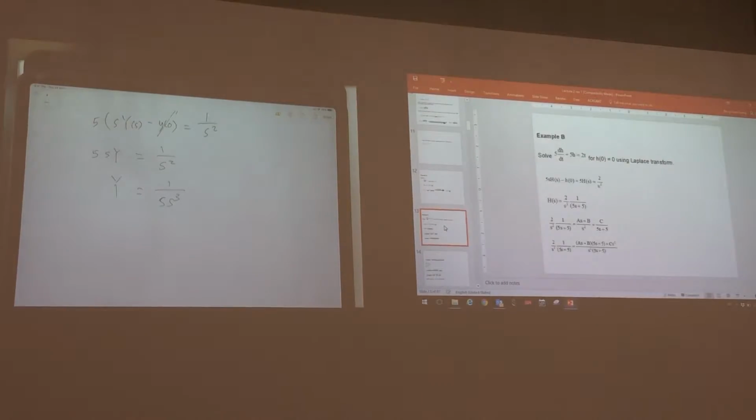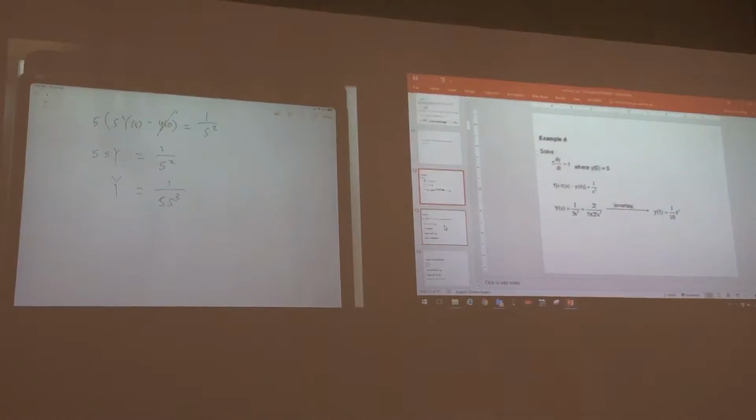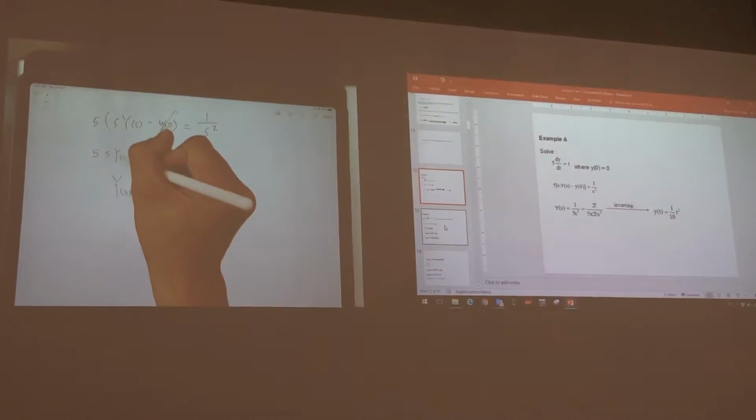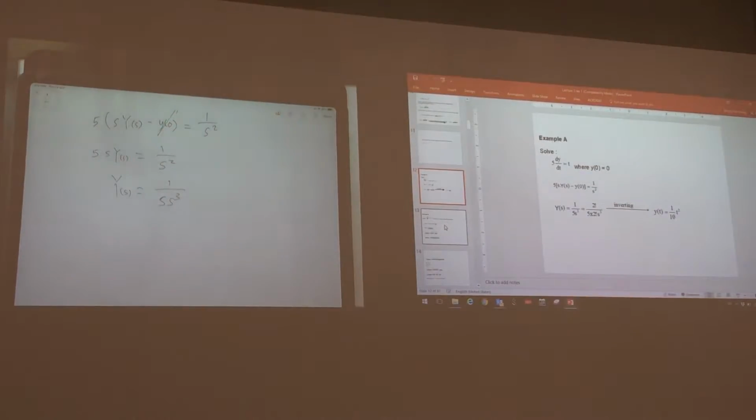This is exactly what we have on this side. Not this one. This one, okay? So whether you want to put a small s here or without an s there, it's okay. For me, as long as you understand it, you know the capital Y is actually in a Laplace format.